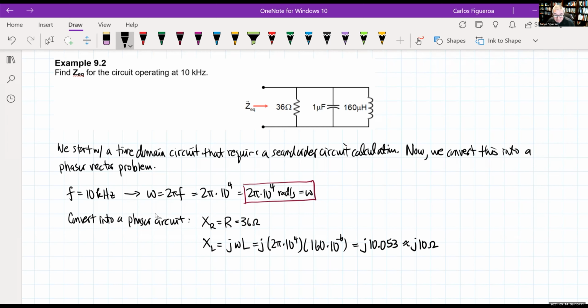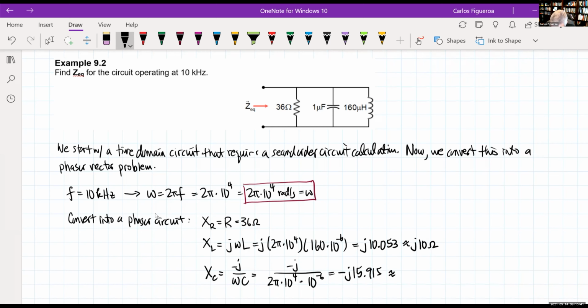Now I'm going to do the same thing for the cap. So for the cap, I have XC. In this case, it's going to be omega times C in the denominator. If I just do the exact same thing, this is going to be 2 pi times 10 to the 4, and then C is 10 to the negative 6, with a minus J. And this becomes minus J 15,915.